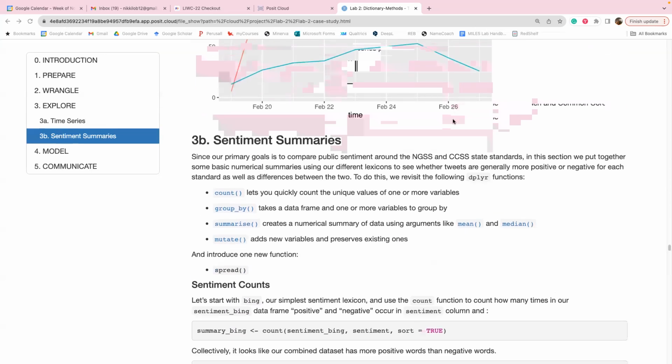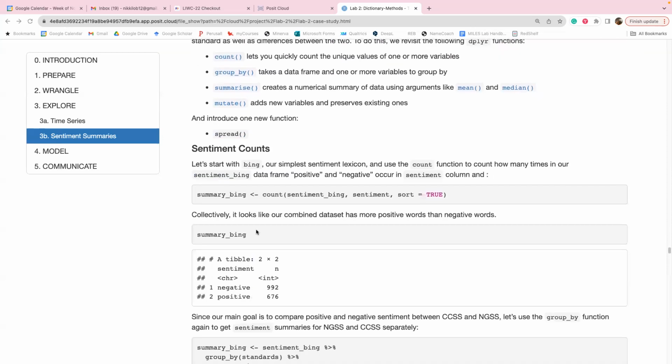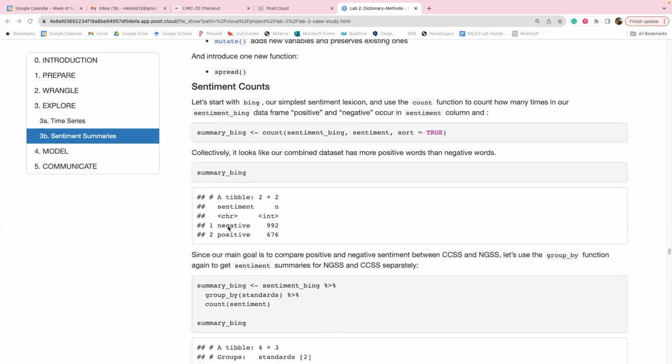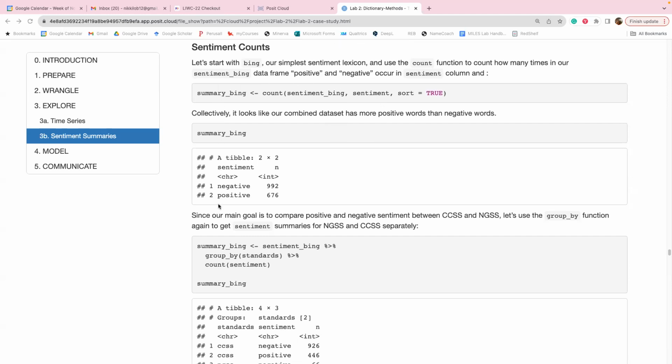And then again, these kind of summaries of, so here's a perfect example for Bing. They looked at, I think one is NGSS, or no, I'm sorry. It should just be one. Oh, no, this is across both of them.